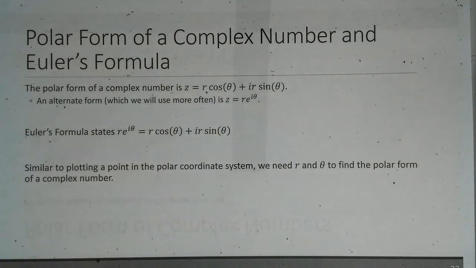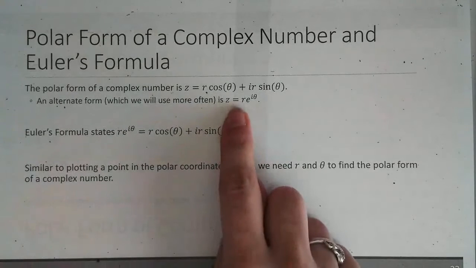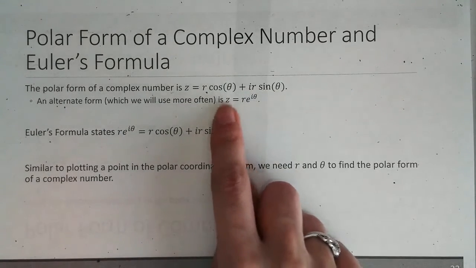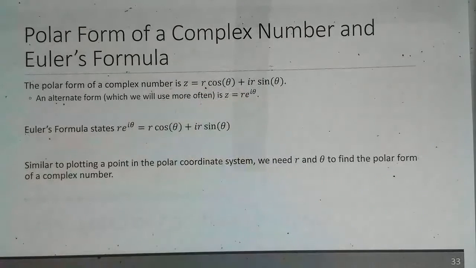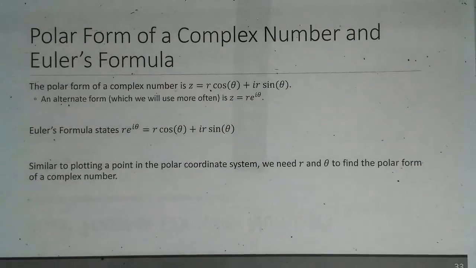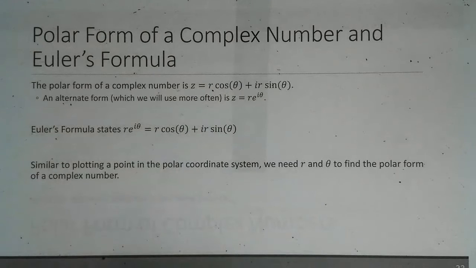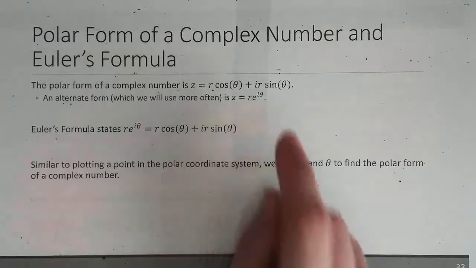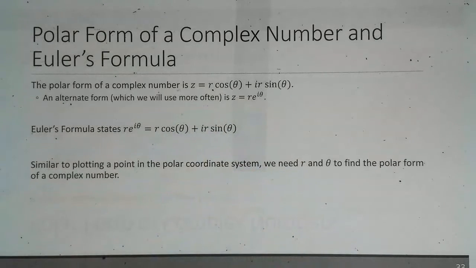An alternate form to write these complex numbers is z is equal to re to the i theta. The z out front is just the variable we typically use to represent complex numbers. We call them z. So that part is just a notation thing. This re to the i theta is going to be important.